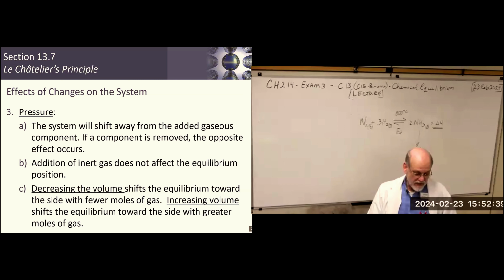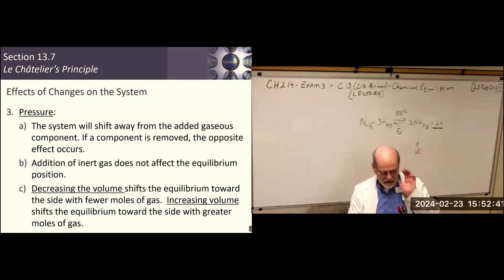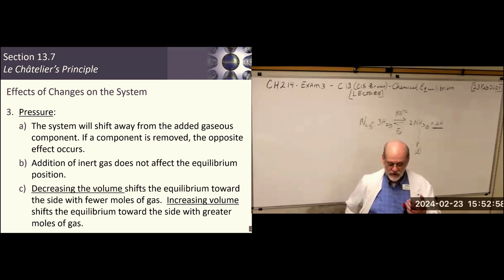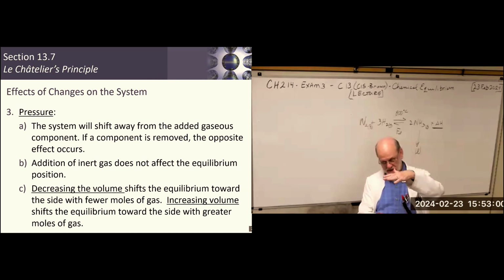The other way, actually the best way to investigate pressure change, is by changing volume, because that way you don't inject any reactants or products into the mixture, and then you're working from the concentration change angle. But if you just change the pressure of a pre-existing mixture by changing the volume, then you look at the mole ratio of the reactants and products.